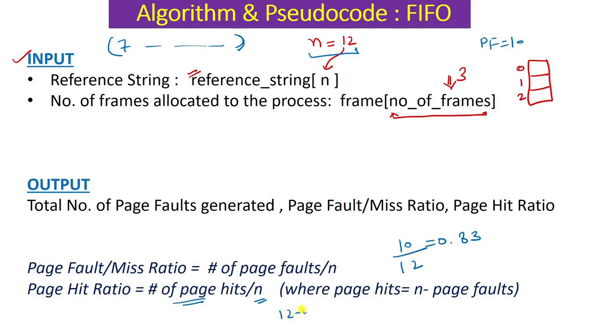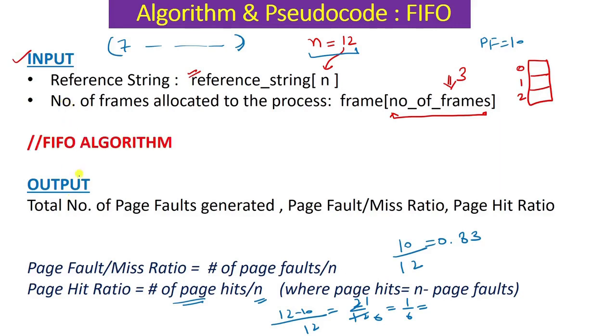So 12 minus 10, the number of page hits, divided by n, that is 12. So it will be 2 upon 12, which is 1 upon 6, so 0 point something. Okay, so this is the page hit ratio: the number of times your page was found out of the reference number of pages. I hope you have understood what the input and the output will be.